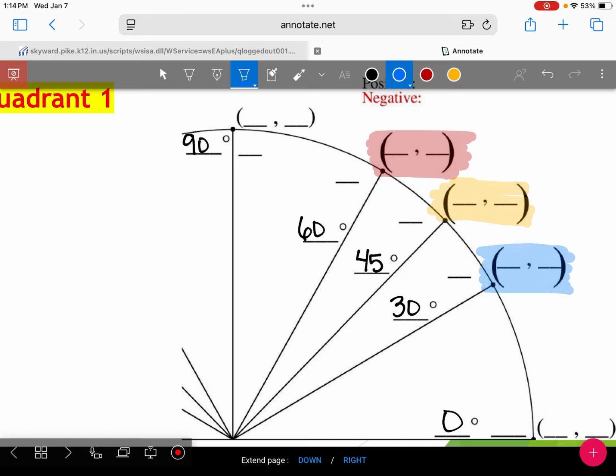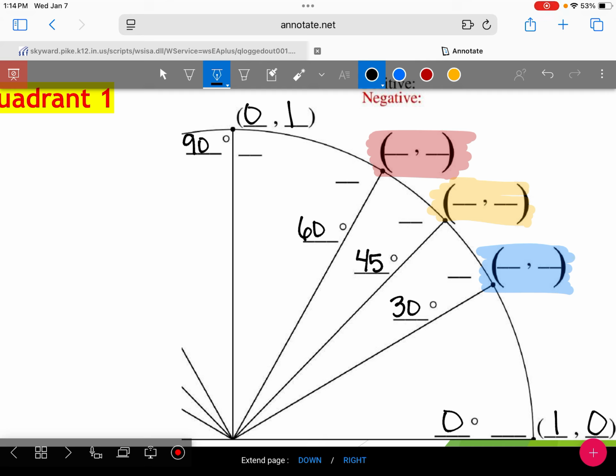So what are the ordered pairs? All right. First of all, down here, because remember the radius is 1, that means that x is 1 and y is 0. At the top, x is 0 and y is 1. So you can go ahead and fill in those points. Now, if you can remember the numbers 1, 2, 3, you got it.